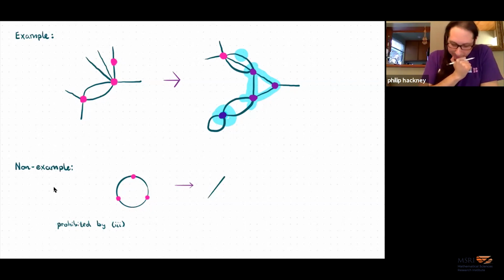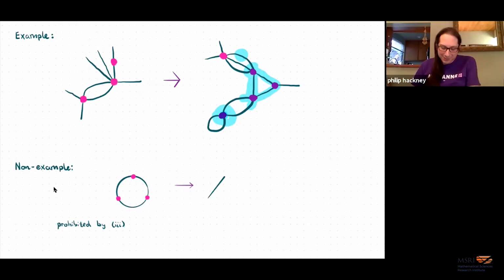And the last condition that we had was essentially to prevent pictures like this. So if I start with a circle with 3 nodes on it, I could send each of those vertices to just an edge, which is an embedding, embeds in the edge.